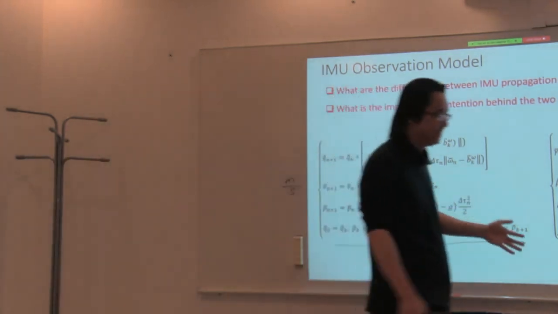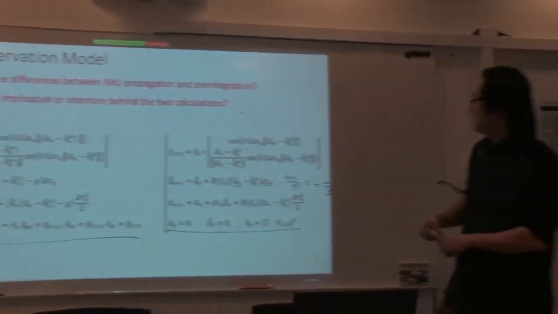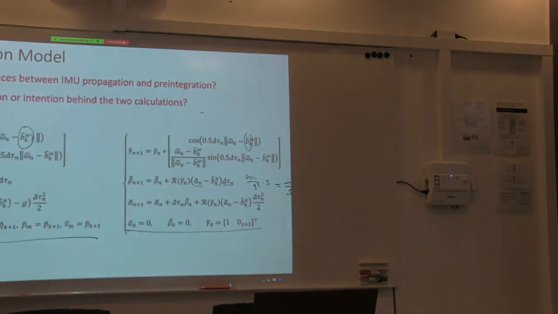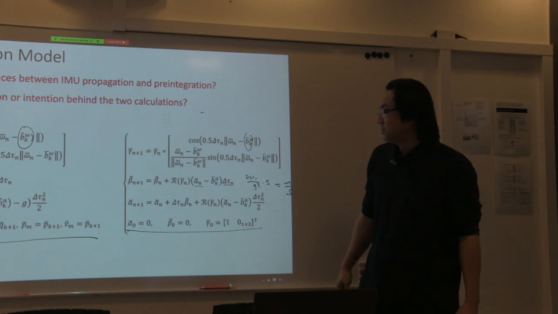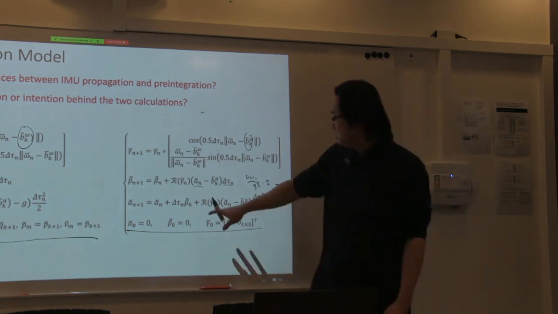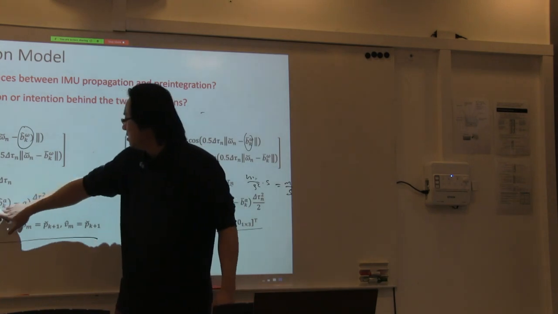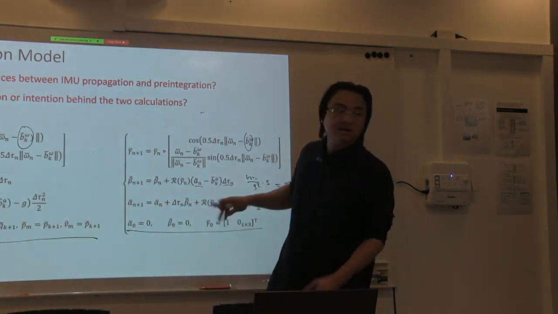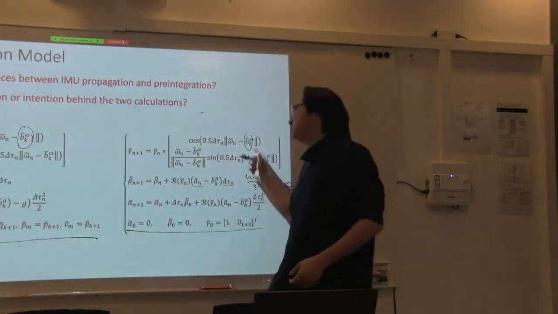Just to be clear, the alpha hat or whatever, they're also very different, right? Good eye. The alpha on the left side is the measured acceleration.